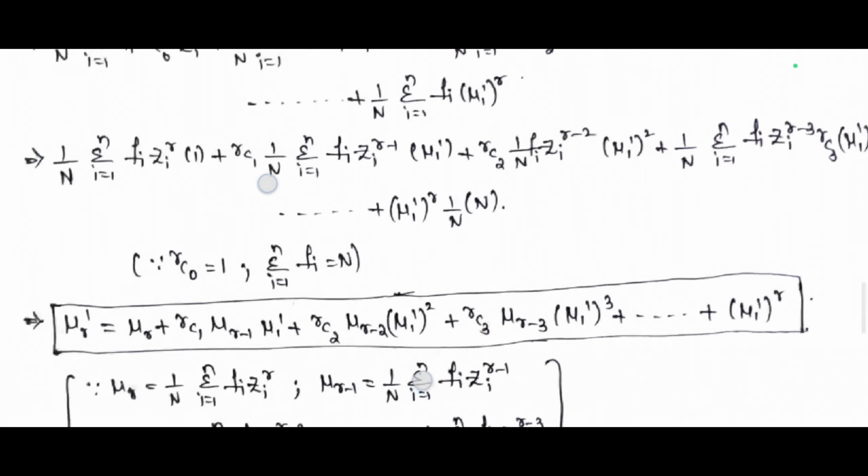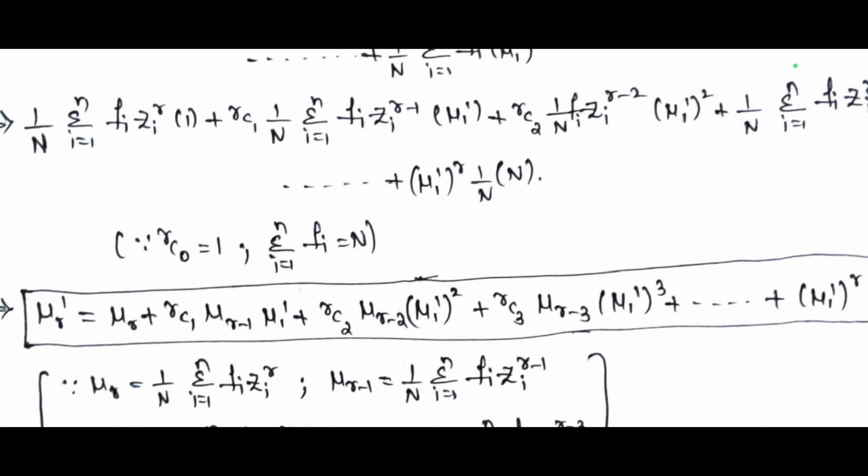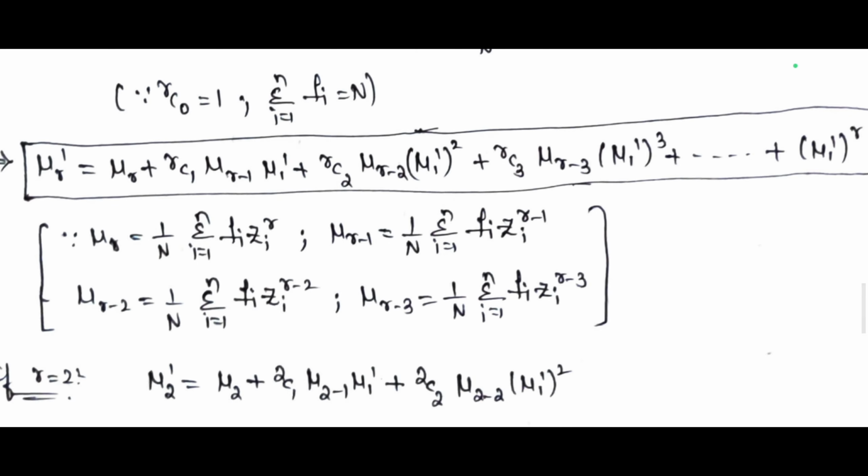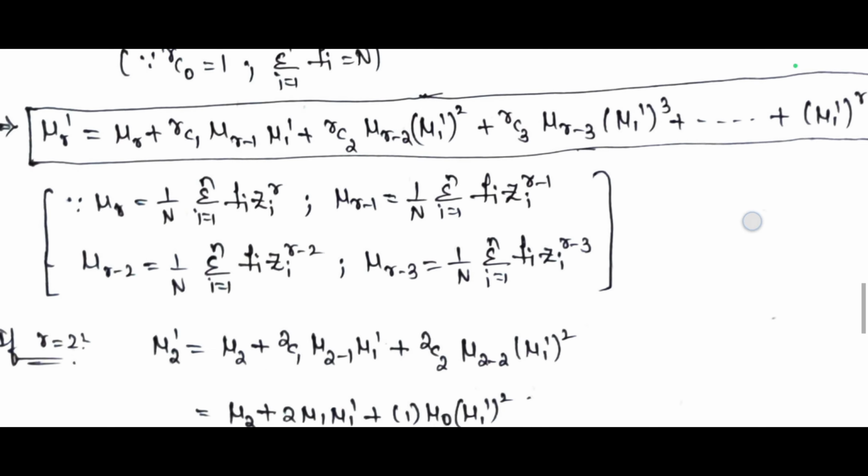On simplification, we see the relationship: mu r dash equals mu r plus rc1 into mu r minus 1 into mu1 dash plus rc2 into mu r minus 2 into mu1 dash power 2 and so on. So all plus terms you are going to get, where mu r, mu r minus 1, mu r minus 2, mu r minus 3 and so on.